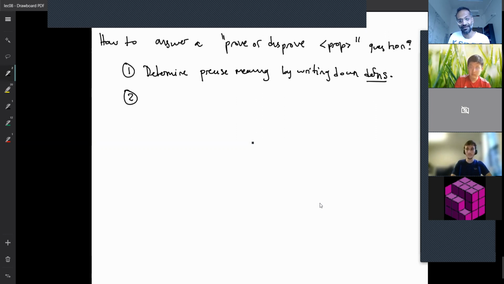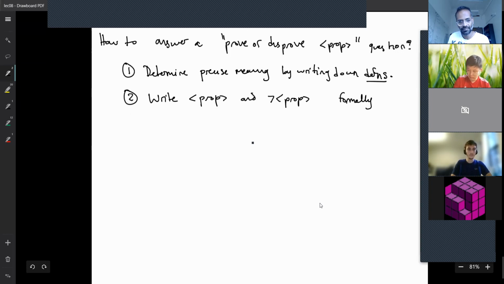Then write the statement and its negation. Write them down formally. This will show you what the quantifiers are in each case, and this is why it's important to know how to negate. You're given the proposition, you don't know if it's true or false. Well, you at least need to clearly know what it means for it to be true or false.